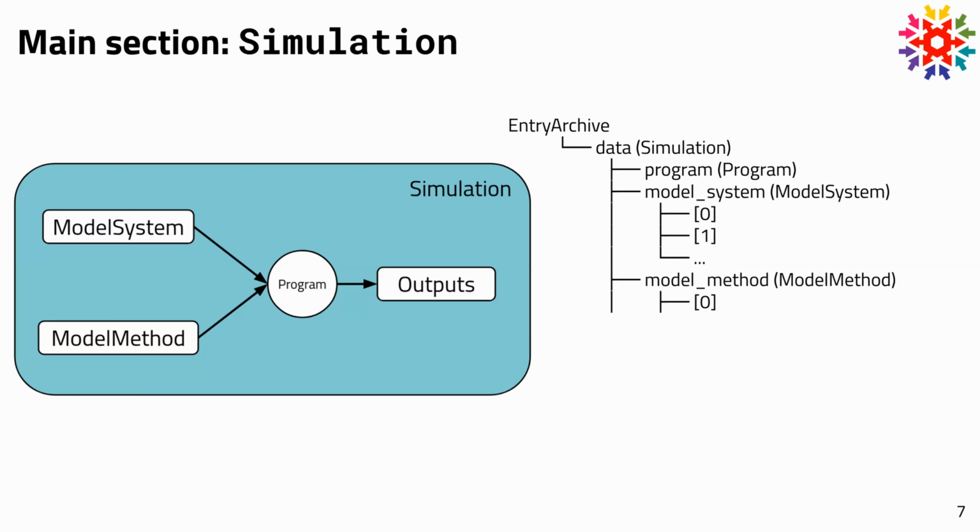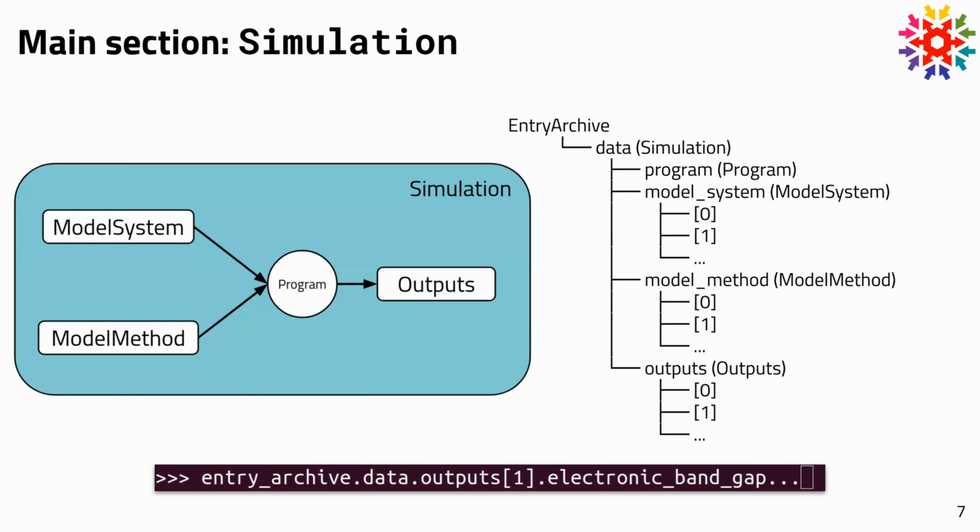And consequently, we can also have lists of model methods and a list of outputs. These you can also visualize. The key is that you can access this information in this dictionary by just traversing until whatever you want to obtain. In this case, you go to the entry archive of whatever DFT, excited states or molecular dynamics entry.